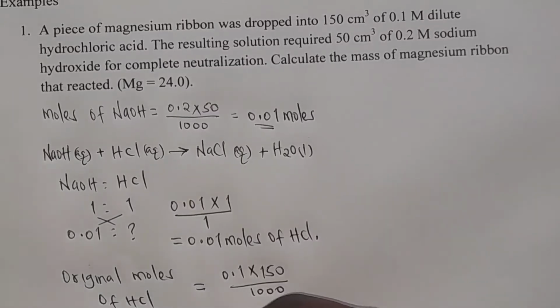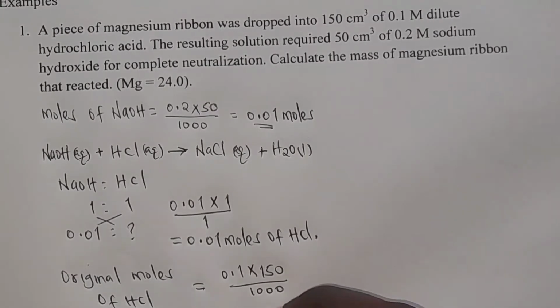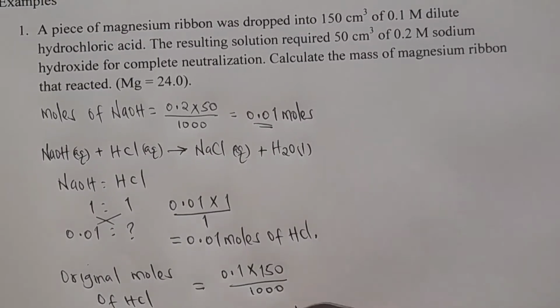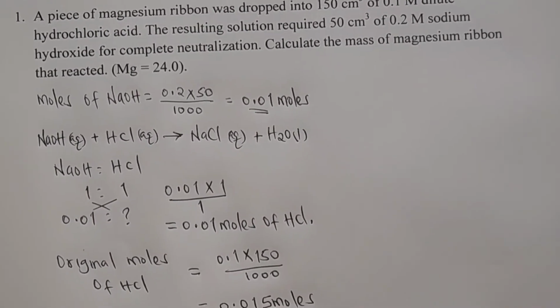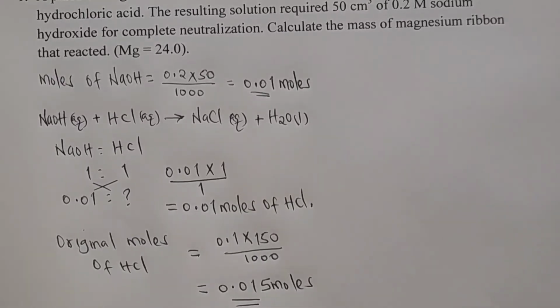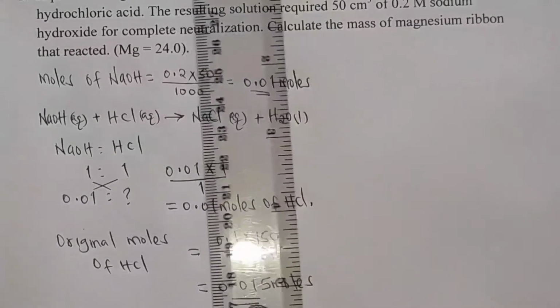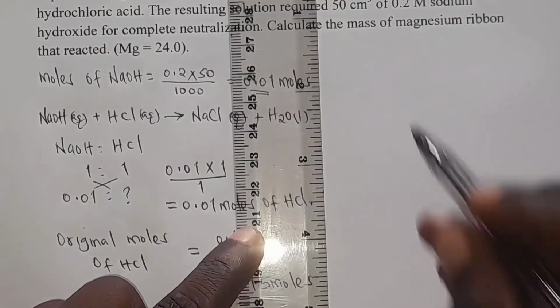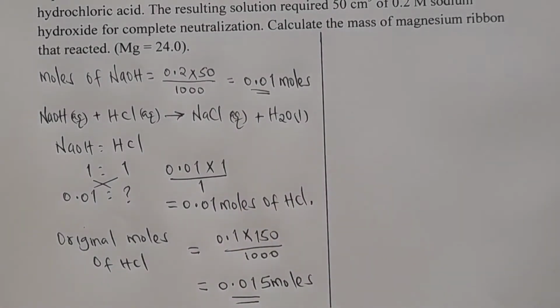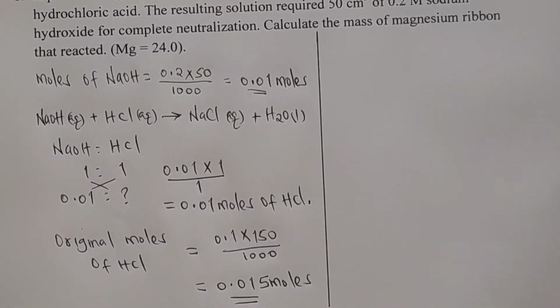Here we get 0.015 moles of hydrochloric acid. This is the original moles of hydrochloric acid, which is 0.015 moles.